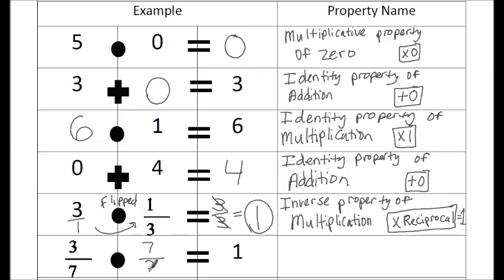So if I want stuff to cancel out, I need to put the 7 in the denominator into the numerator, and the 3 from the numerator into the denominator. 3 times 7 is 21, and 7 times 3 is 21, and 21 divided by 21 is 1. So we see that everything ends up canceling out. So this is using the inverse property of multiplication.